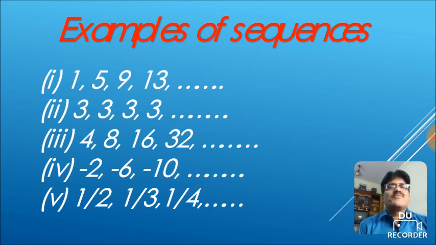Let us see examples of sequences. 1, 5, 9, 13 and so on. 3, 3, 3, 3, 3 and so on. 4, 8, 16, 32 and so on. -2, -6, -10 and so on. 1 upon 2, 1 upon 3, 1 upon 4, 1 upon 5, 1 upon 6 and so on.